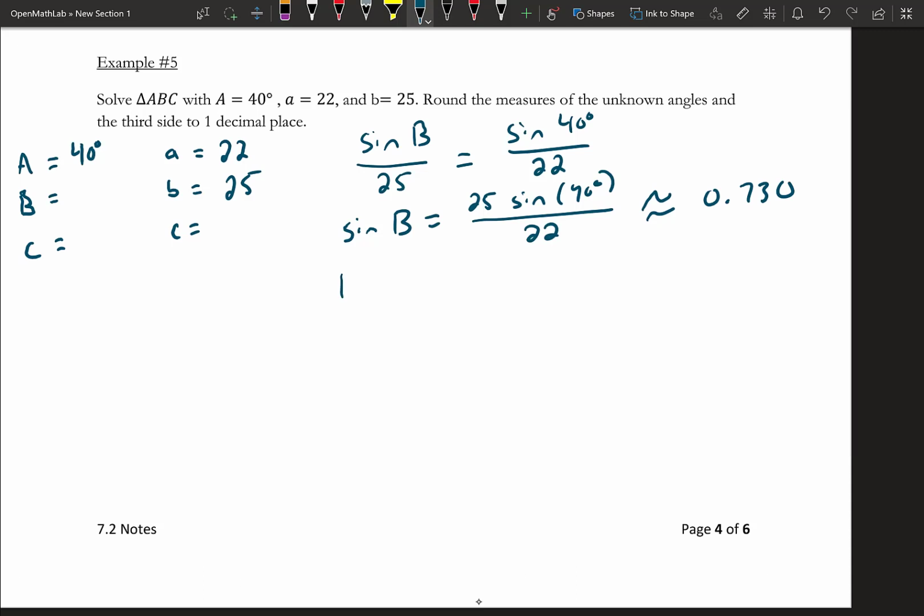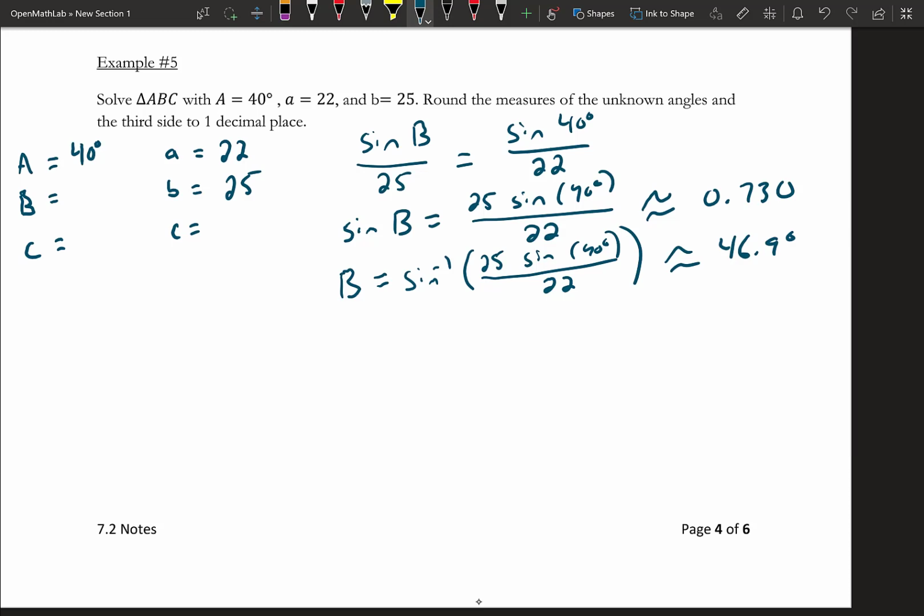So we get a positive value, right? So if I want to find B, then we would do sine inverse of 25 times sine of 40 degrees all over 22, and if you type that in your calculator, that comes out to be approximately 46.9 degrees, right?